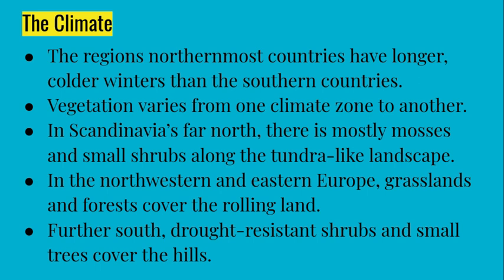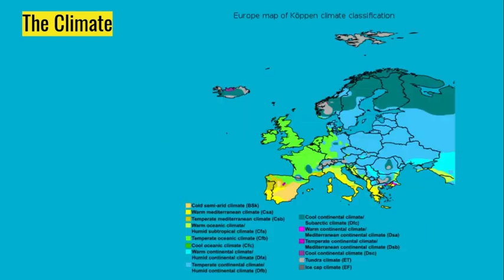So the higher up you get, the more you get this tundra-like landscape, which is like ice and cold weather. In northwestern and eastern Europe, grasslands and forests cover the rolling land. Further south, drought-resistant shrubs and small trees cover the hills.